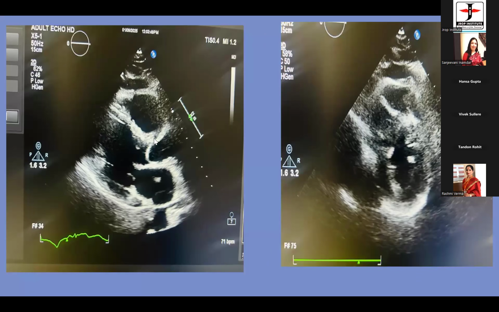This is also a still image which shows an echolucent space, a black space basically, over the right ventricle in the parasternal long axis view, and the same here in the parasternal short axis view.